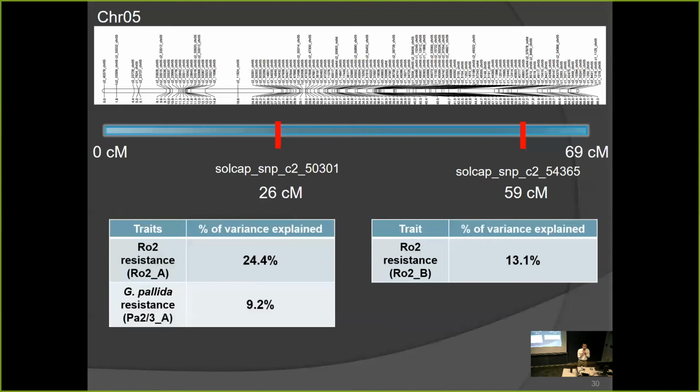However, if you really want to calculate other positions, for example, if you want to know how much this area explains in percent of variance explained, you have to make a kind of linear model for taking out some clones which have alleles related to this one. Because if you keep all the population to calculate this one, the software does not show percent of variance explained for this area. It always shows the most significant QTL peaks only.